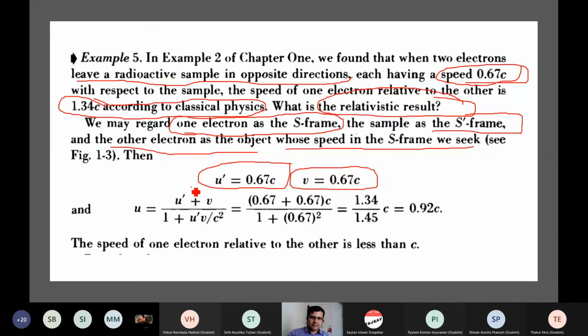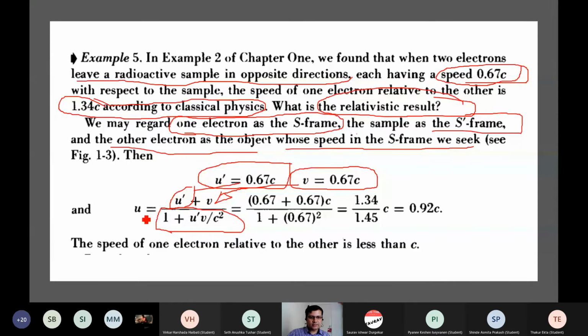So remember that's the value you have to consider: ux prime and v. In the numerator you add the two, and in the denominator you always have the factor 1 plus u prime v by c square. Don't consider the x, y and z here; we consider just one direction, the resultant one.